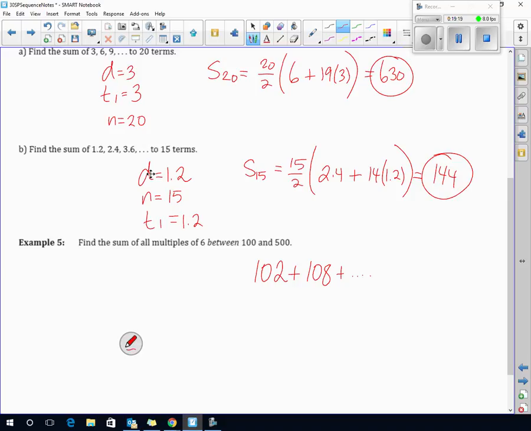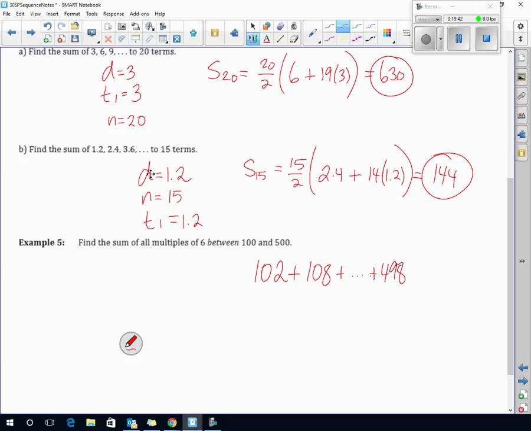If you add this up, you get 21, which is divisible by 3. So 102, 1 plus 2 is 3, and 3 is divisible by 3. And it has to be an even number for 6, because the even number has to do with 2 being a factor.